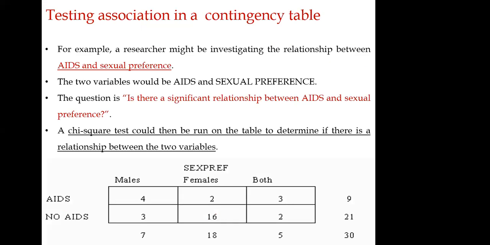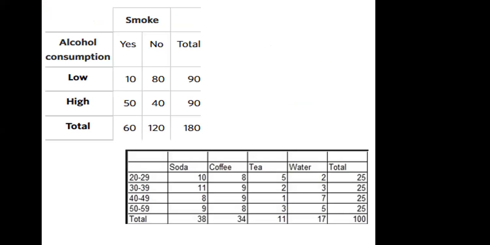See, for example, we assume I'm asking a question about drinking preferences with their age. They come as categorical data: soda, maybe coffee, tea, water.